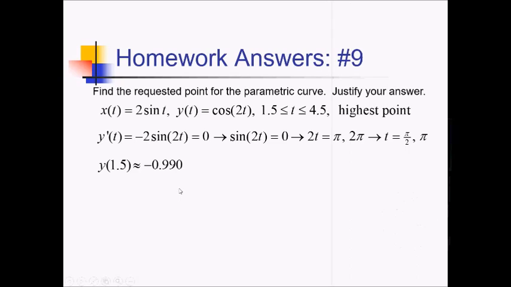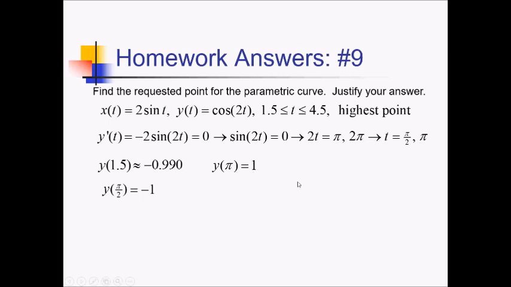All right, we need to also test out the next number, which would be pi over 2. Now, this one you don't necessarily need a calculator to test out. If you're testing this out in the cosine of 2t, this is really going to be cosine of pi, and that's just going to be negative 1. Next, we have to test out y of pi, and that's going to be cosine of 2 pi, which comes out to 1.